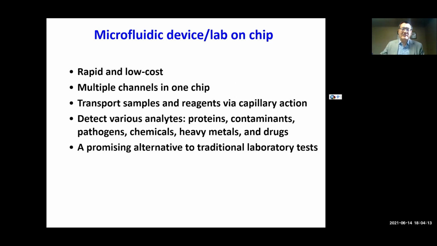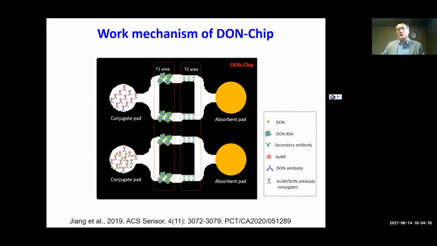So in this case, we developed the DON chip to detect DON in feed and feed ingredients. So you can see the working mechanism of the DON chip. We have different components here, like DON conjugated with BSA, signal antibody and golden nanoparticle, the DON antibody, and golden nanoparticle DON antibody conjugate.